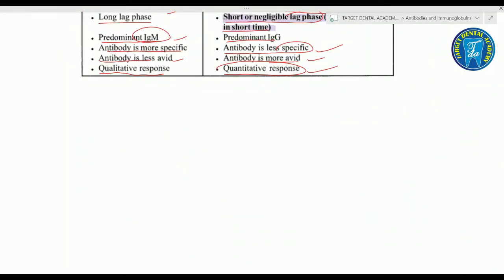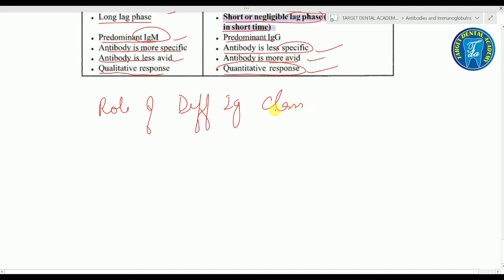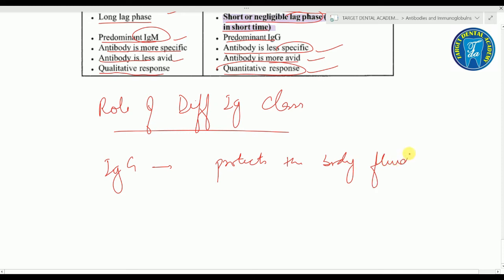And at the last, I am discussing the role of the different immunoglobulin classes. IgG protects the body fluids. IgA protects the body surfaces.